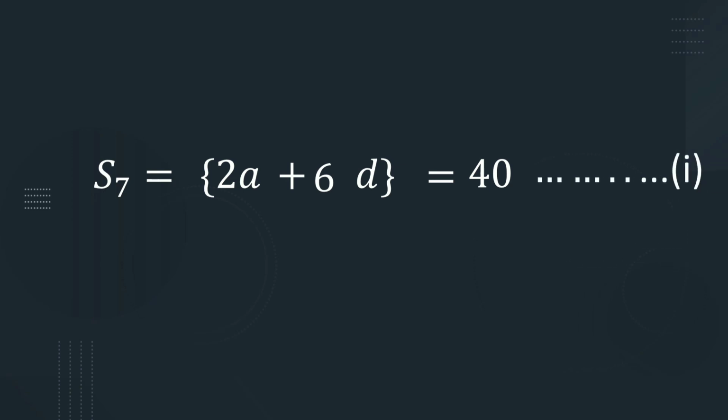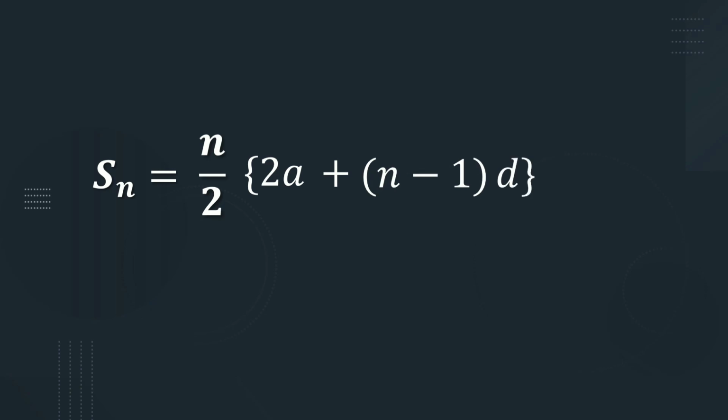Then S14 minus S7 we are given, isn't it? That is 385. S7 we know is 140. We transpose 140 to that side, which becomes 385 plus 140, that is equal to 525. So we can use the formula Sn is equal to n by 2 into (2a plus (n minus 1) into d).